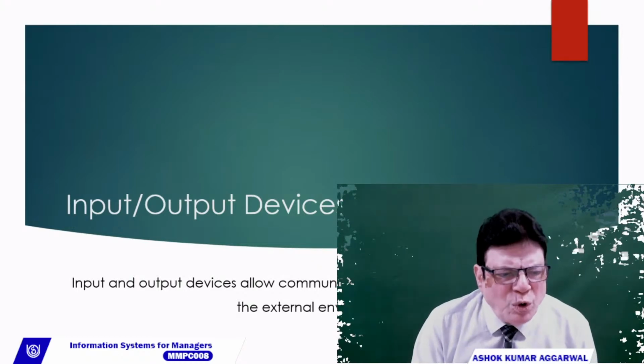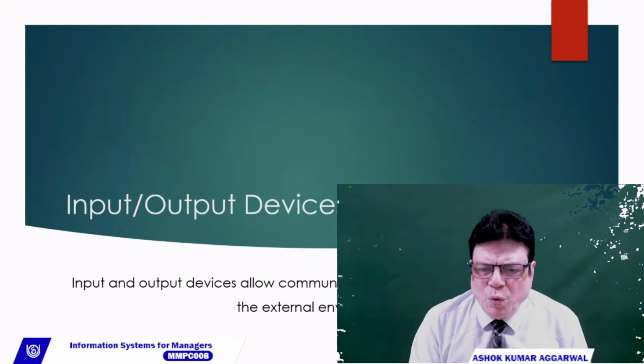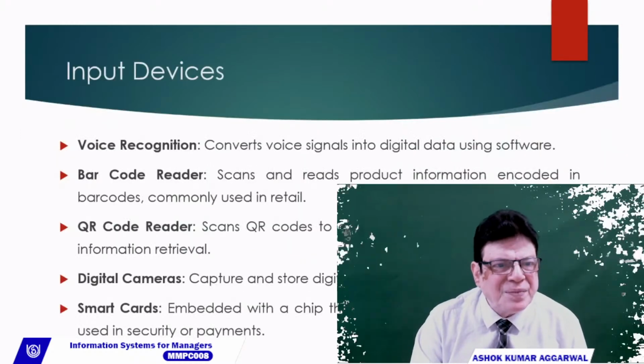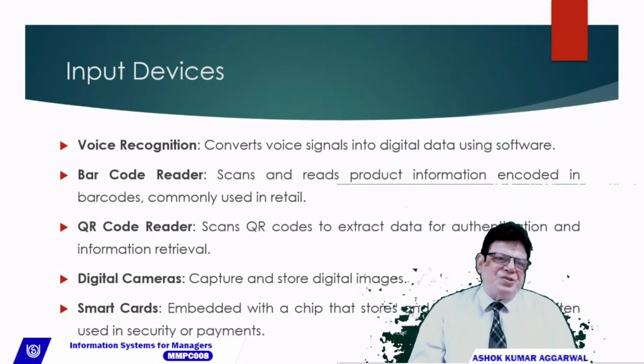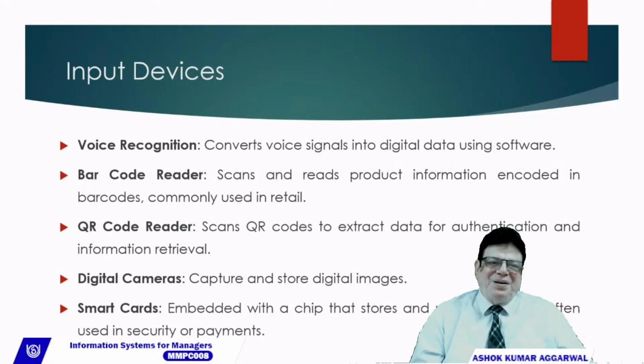Input and output devices. Input and output devices allow communication between the computer and the external environment. Input devices: voice recognition converts voice signals into digital data using software. Barcode reader scans and reads product information encoded in barcodes, commonly used in retail.